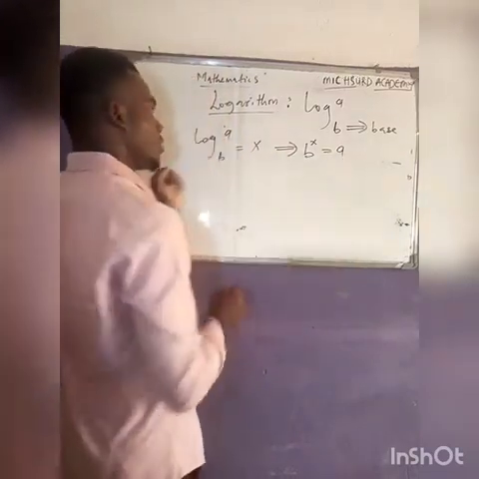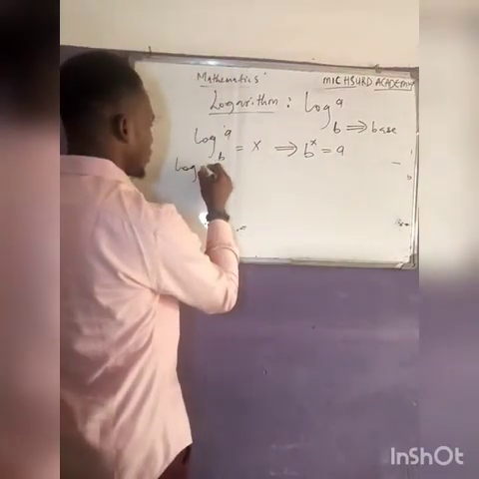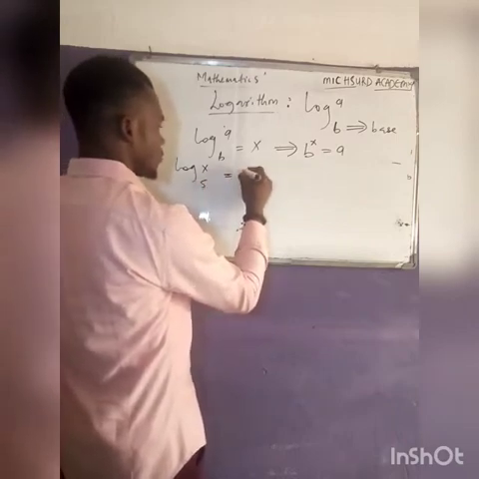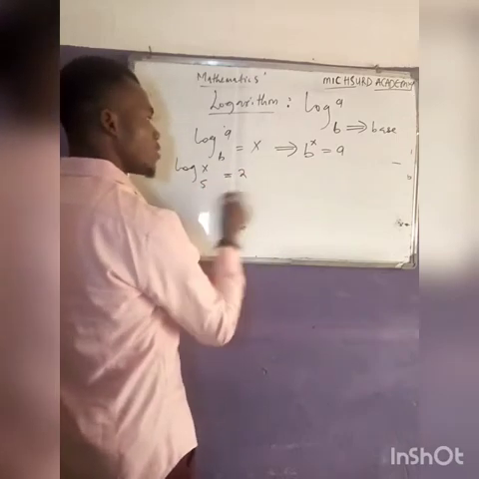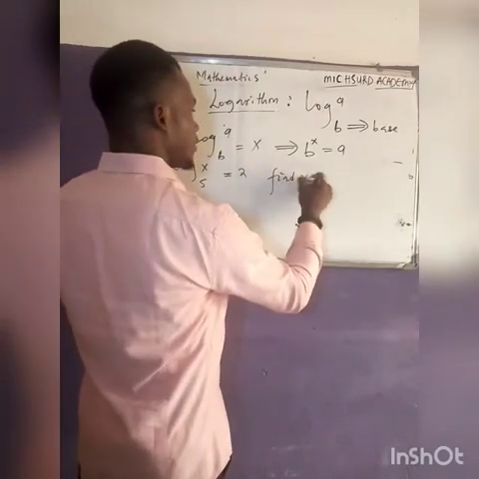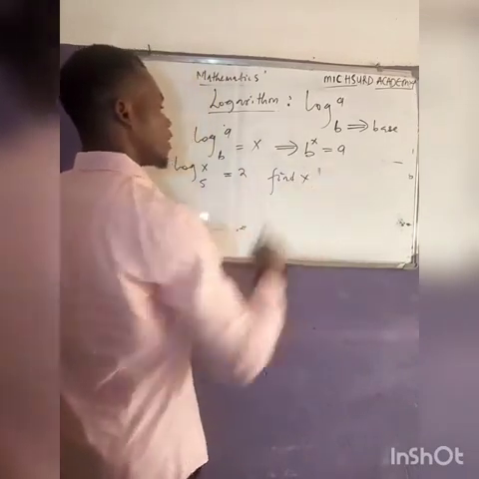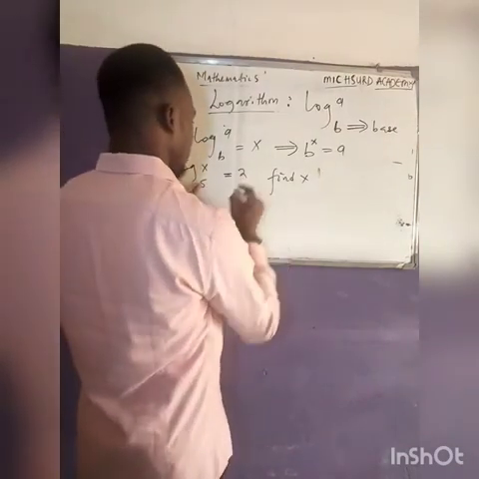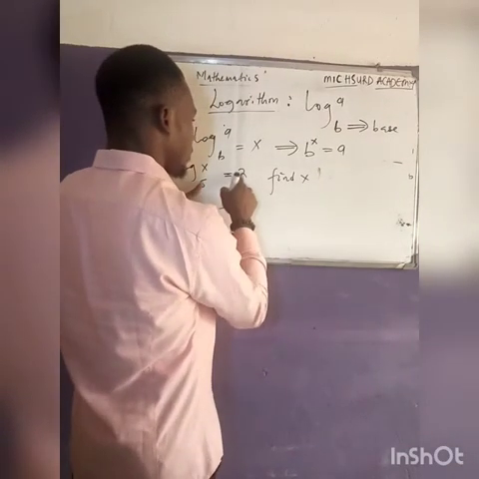So if you are given log x to base 5 is equal to 2 and you are asked to find x, you can do that, right? This is just like cross multiplying, but not really cross multiplying.